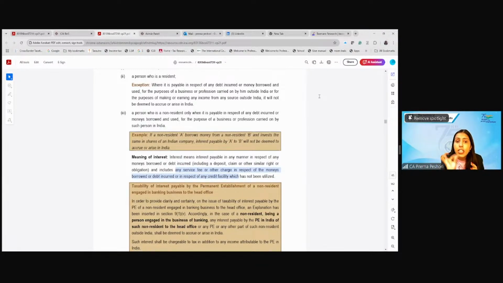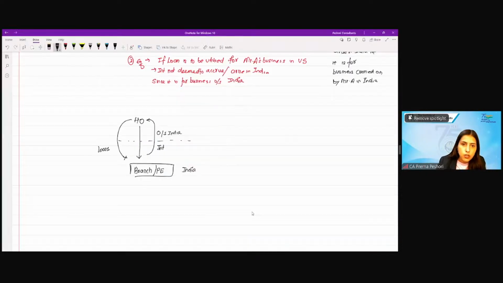In respect of the non-residents which are engaged in the banking business, understand this is specifically for the banking business. What they say is that in the case of a non-resident being a person engaged in the business of banking, this is only for the banking business. What does the Act say?